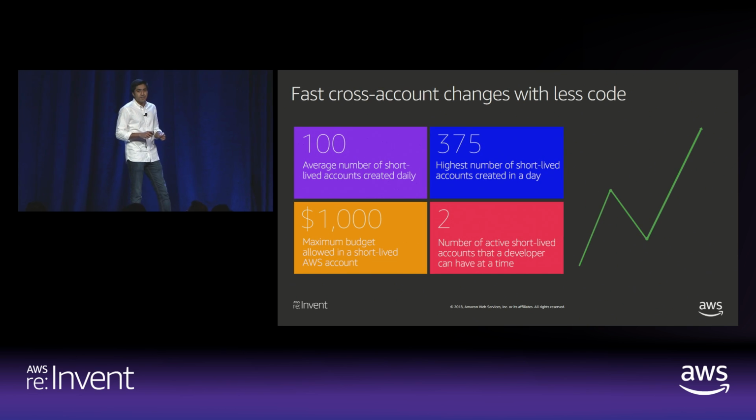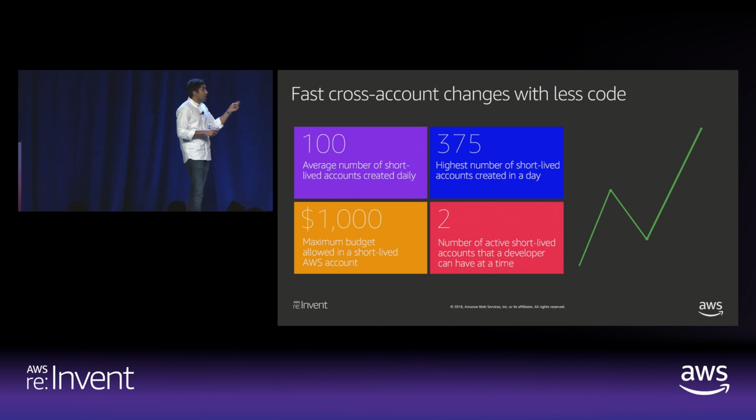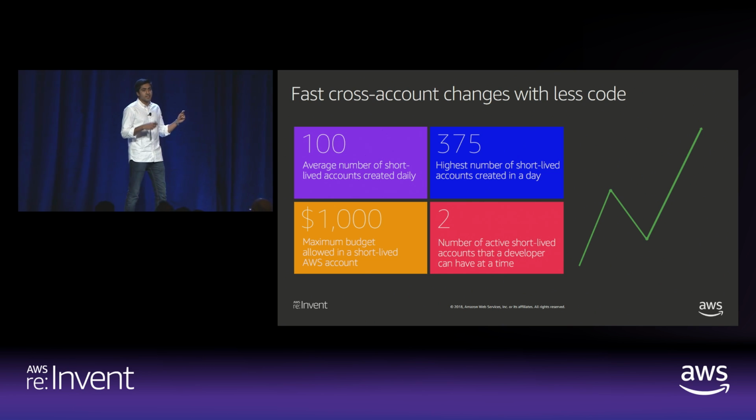One of the main benefits of AWS CloudFormation StackSets that led us to consider using it is the ability to rapidly propagate cross-account changes with less code. When operating at the scale that Amazon.com does, we have thousands of developers who are looking to build prototypes of their ideas in an isolated and secure environment. I'll show you some numbers that exemplify the scale that Amazon.com operates in.